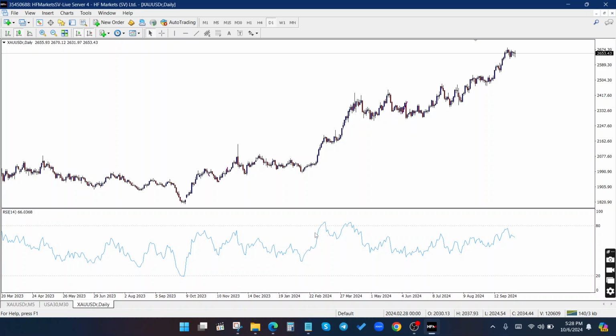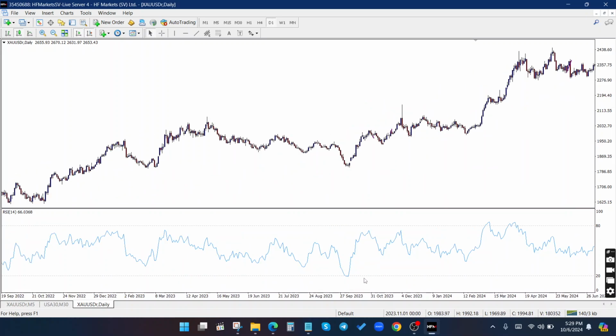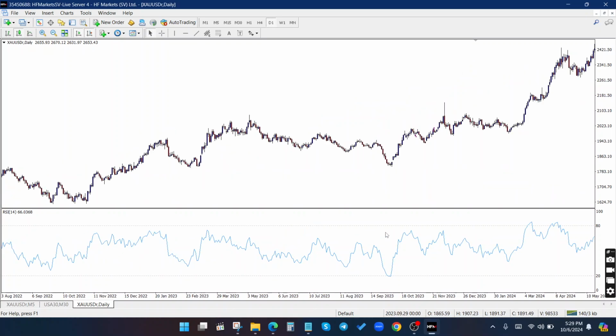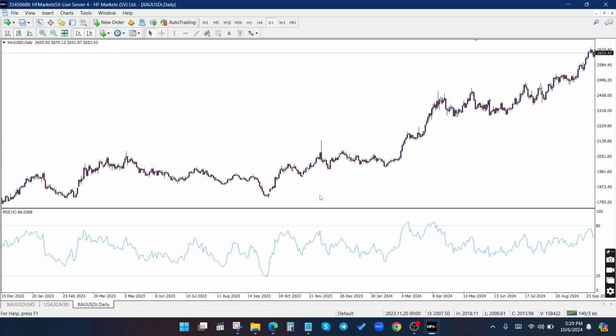When the market is trending strongly, you might want to change your settings to 20 and 80. For example, now we can see that this was a strong trending market, right? So 20 and 80 would have applied in this scenario.